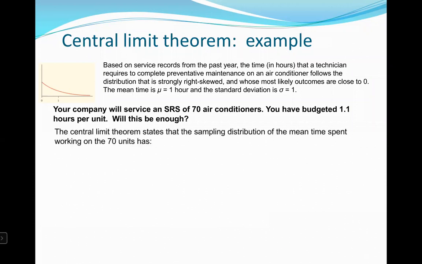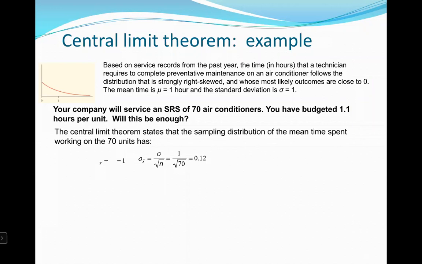The central limit theorem states that the sampling distribution of the mean time spent working on the 70 units has an X bar of 1 and a standard deviation for X bar, which is the standard deviation divided by the square root of the sample size.